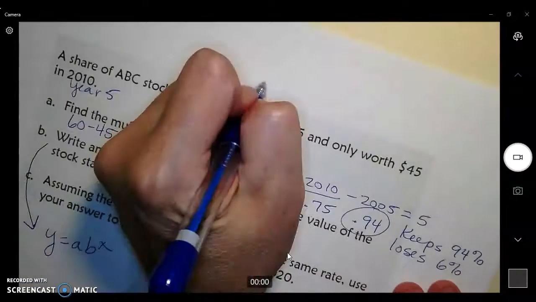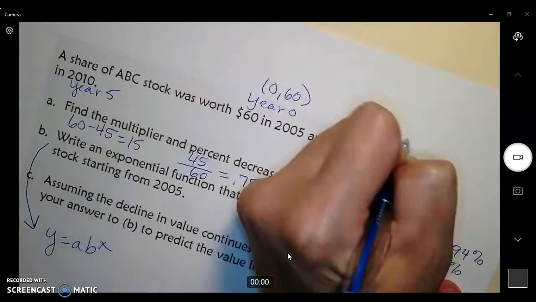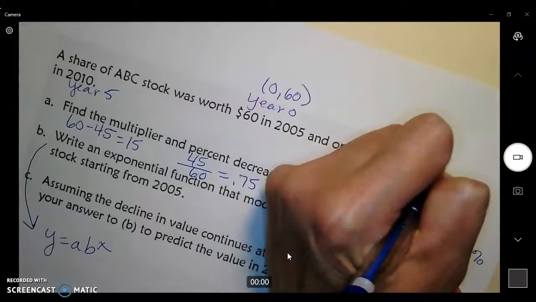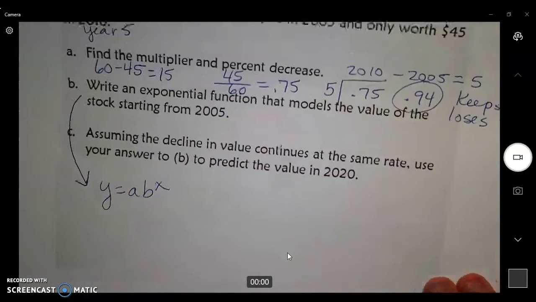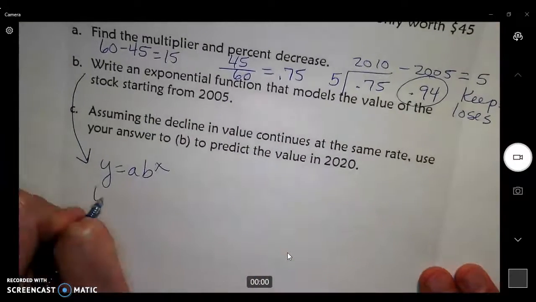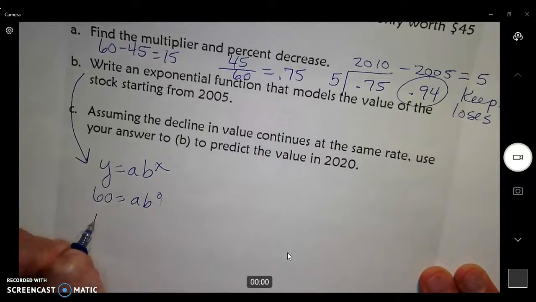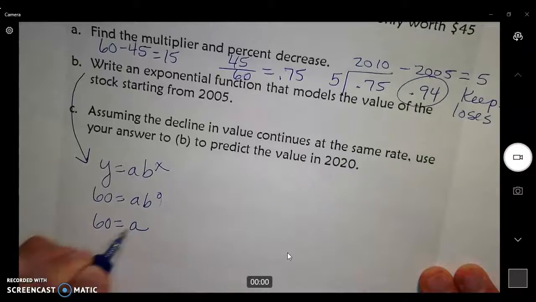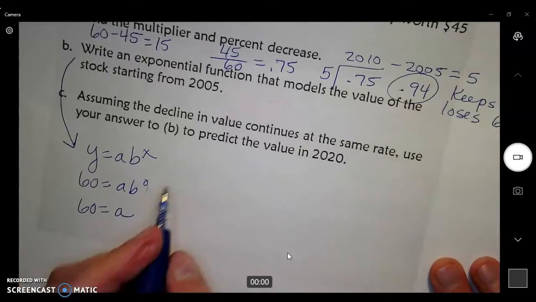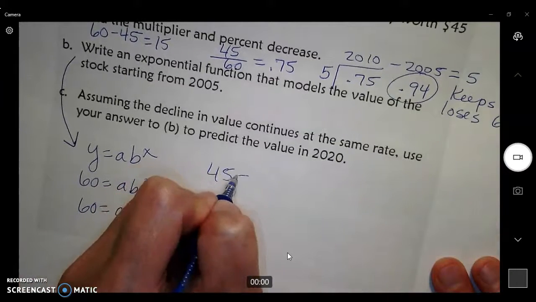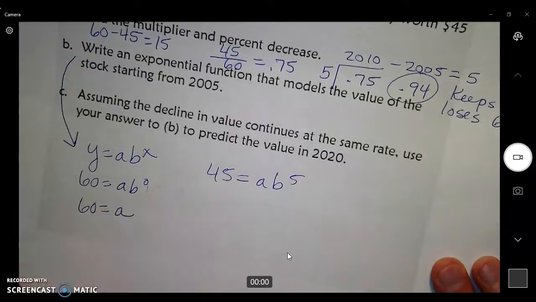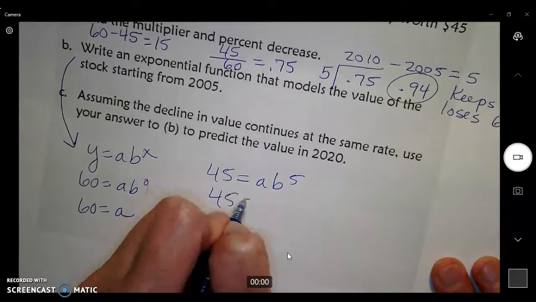So my ordered pair then is 0, 60 and 5, 45. So now I can plug these in. So 60 equals ab to the 0. This equals 1. So 60 equals a, because a times 1 is a. 45 equals ab to the 5th.